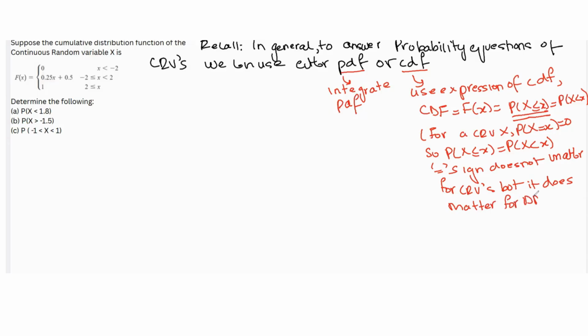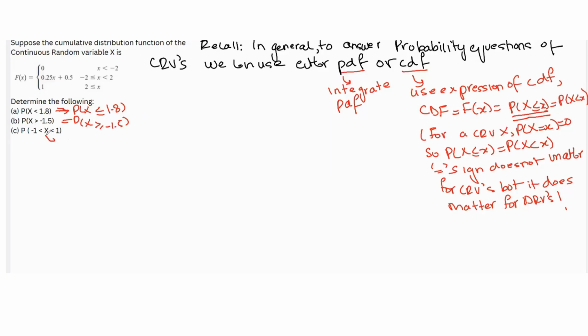But for continuous random variables, the equal to sign does not matter, right? So whether you're asked to find the probability X is greater than 1.8 is the same as the probability X is less than or equal to 1.8's complement, right? Both are equal. Whether you're asked to find the probability X is greater than minus 1.5, it's the same as the probability X is greater than or equal to minus 1.5. They're the same. The equal to sign does not matter for a continuous random variable.